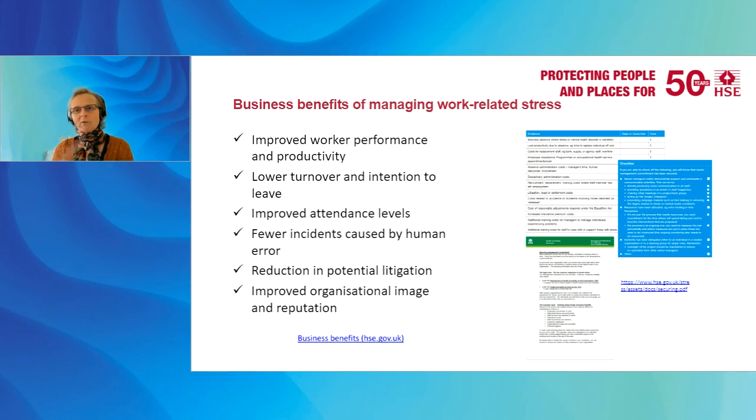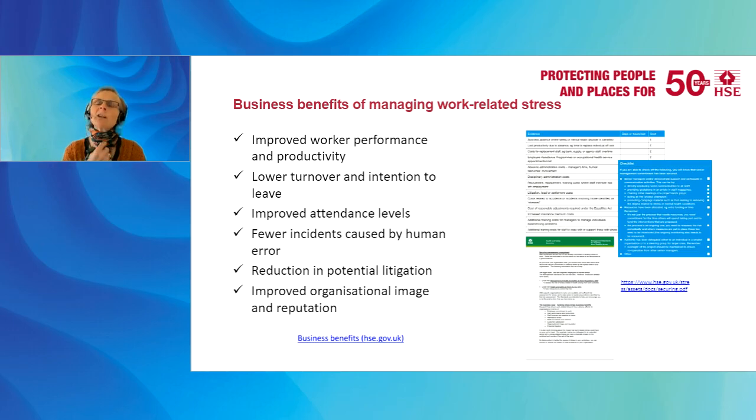There is a well-established relationship between work-related stress and error rates and incident rates. So by managing work-related stress, the number of incidents and the rate of human error can be managed as well. And this, again, has an influence on business benefits. There's a reduction in potential litigation too, and when you are an organisation that is seen as one that cares, you've got a positive image.